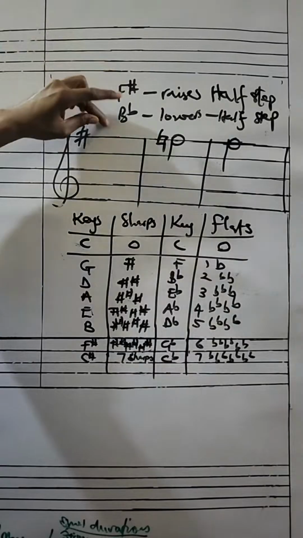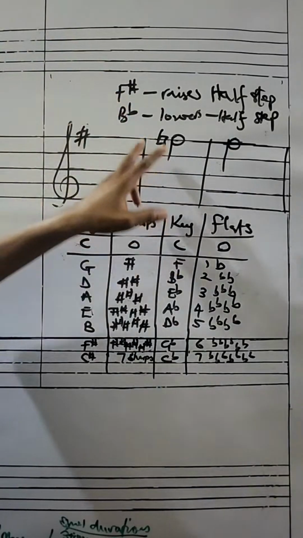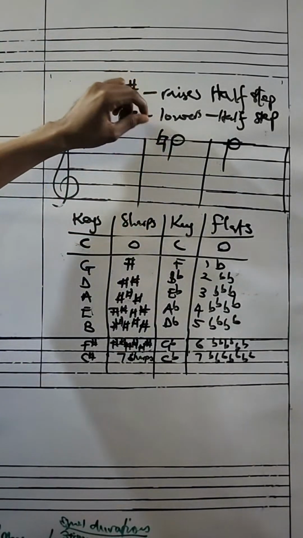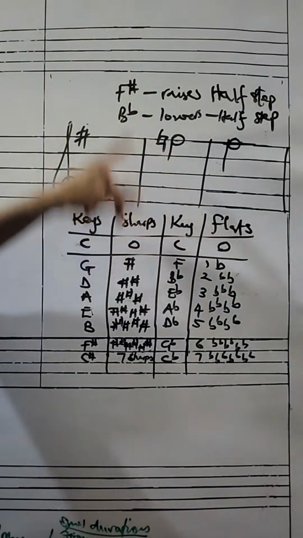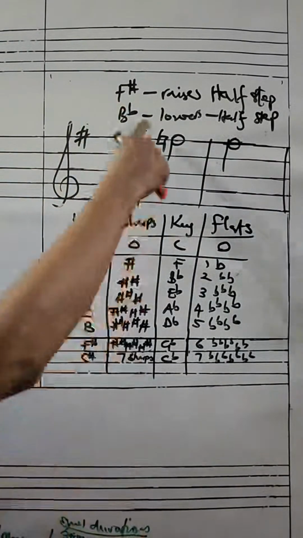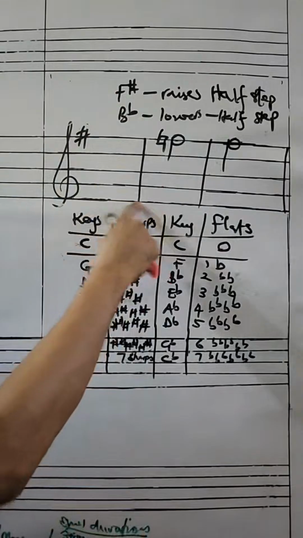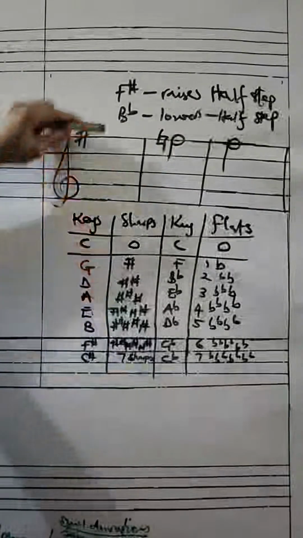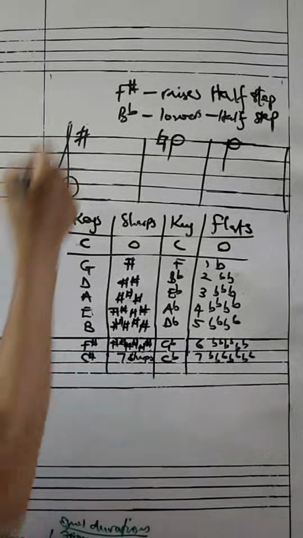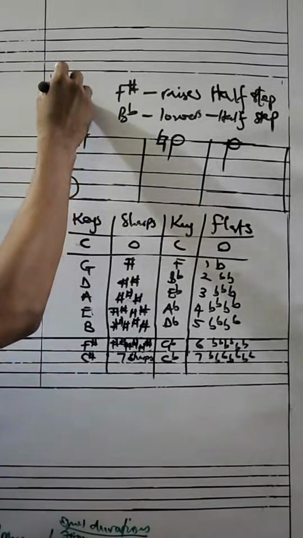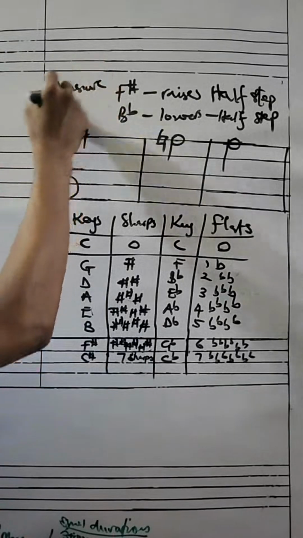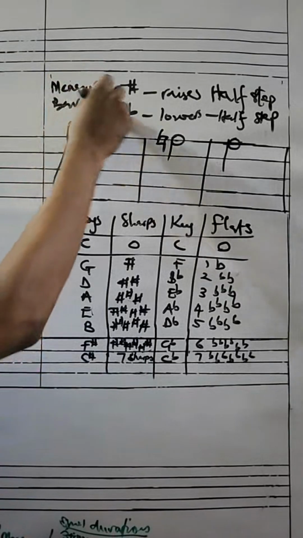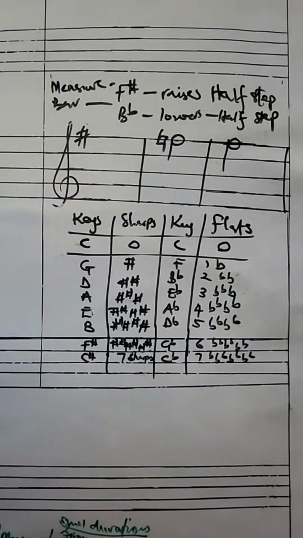What I was writing there was your bar line, which divides your piece of music into equal portions. So this is called a bar line. Your measure and your bar are the same thing.